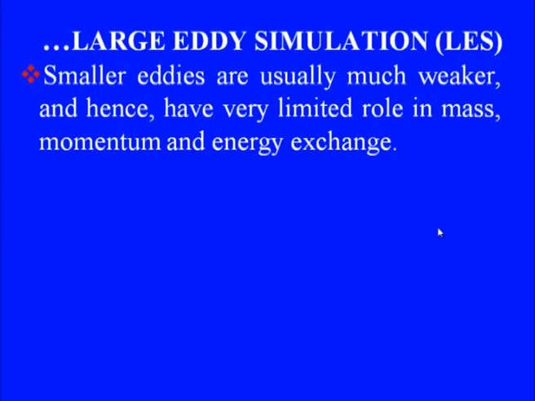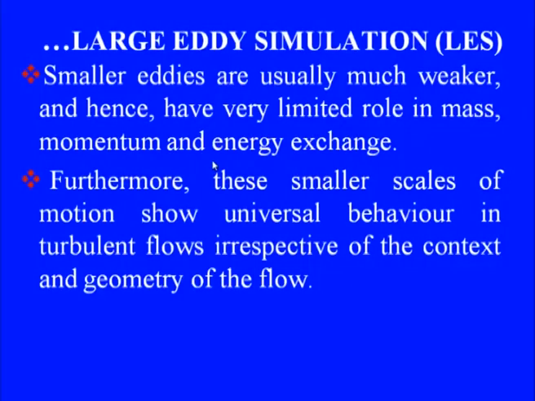In contrast to large scale eddies, or what we simply call large eddies, the smaller eddies are much weaker and they have a very limited role to play in the transport processes of mass, momentum or energy. Furthermore, we have seen that small scale motions show universal behavior, they are more or less isotropic irrespective of whether the turbulent flow takes place in one type of geometry or another.